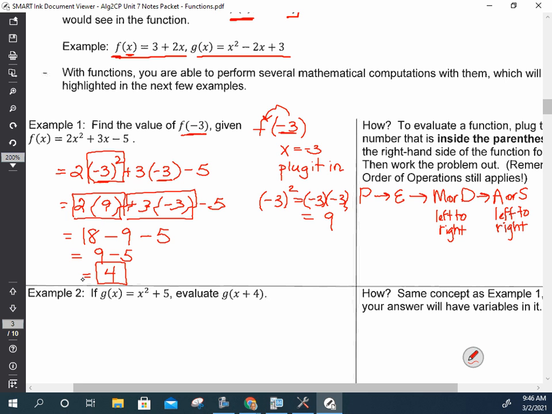So your final answer is 4. So, not hard. It's just another way of setting up a problem that you all have worked out before.